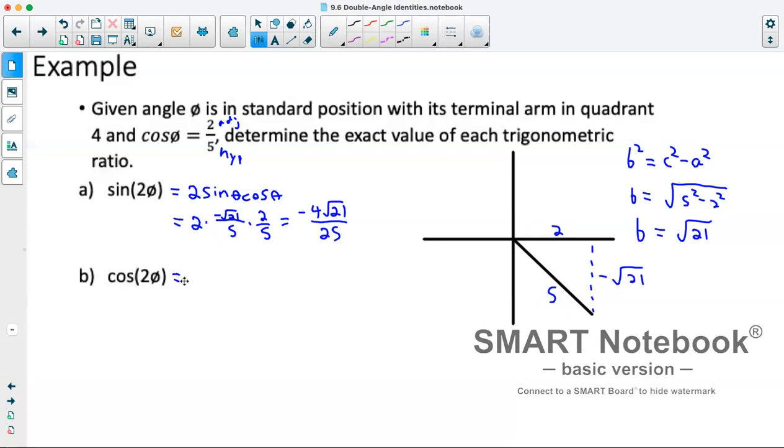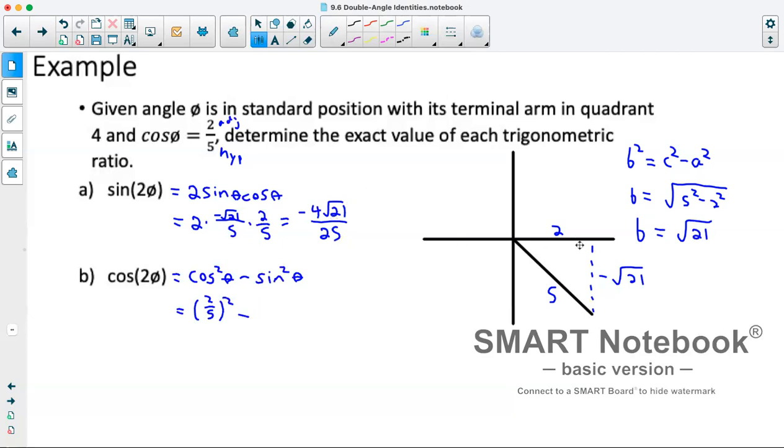Cos 2 theta, we can choose any of the identities. They will all give us the exact same answer. So I'm just choosing the first one. So we've got cos squared theta minus sine squared theta. Now cos, we already said, was 2 over 5. So we have 2 over 5 squared minus sine squared.